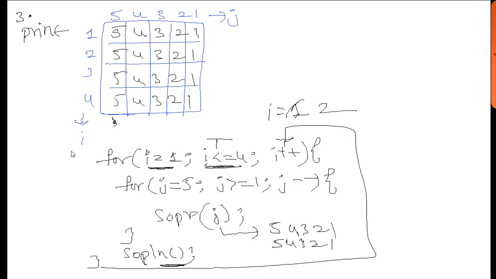Now I am going to take another pattern. Let me say the fourth pattern. Print. What we are going to write here is like this: 5, 4, 3, 2, 1. This is not correct.